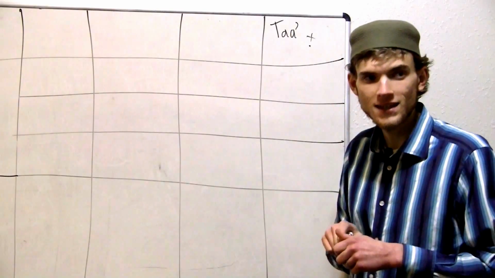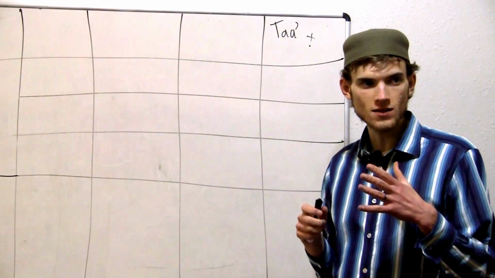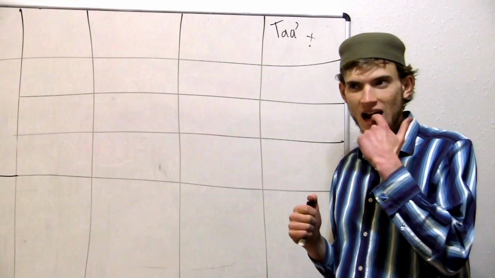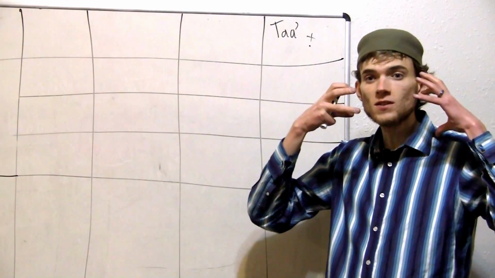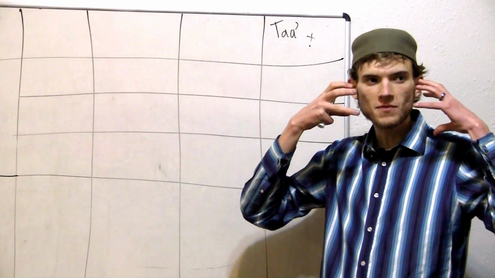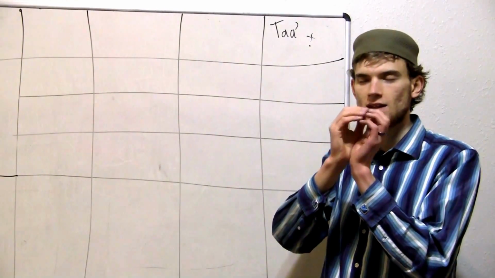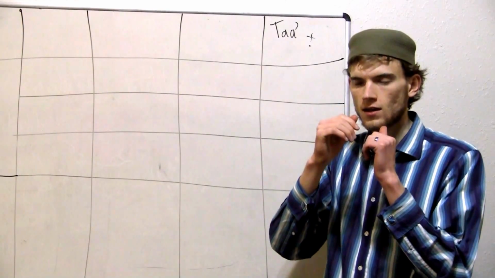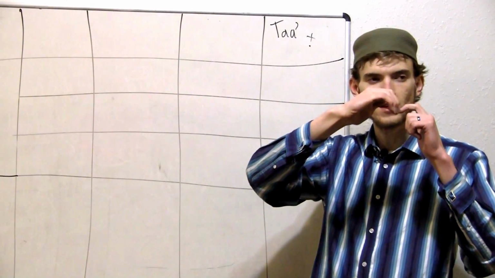Right? Emphatic T. So it's like a ta, like a t, like we have in English, but the tongue kind of fills up as much space as it can inside the mouth. Once again, ta. This is the top of the mouth. The teeth are right here.